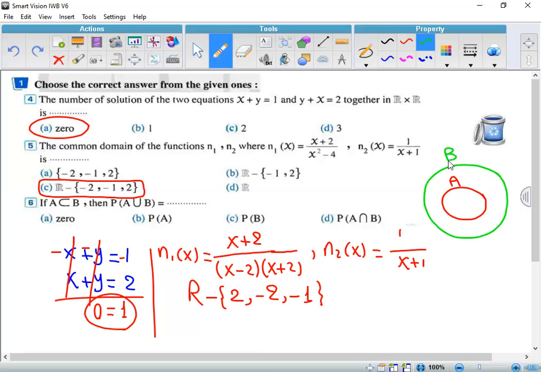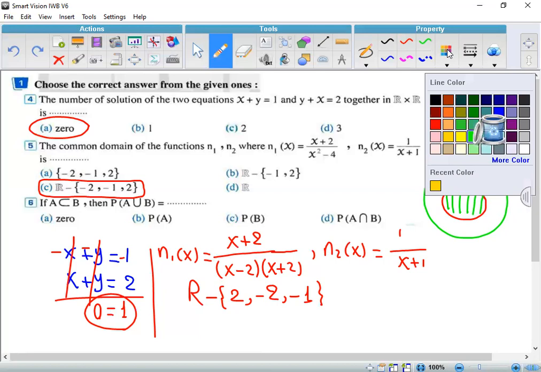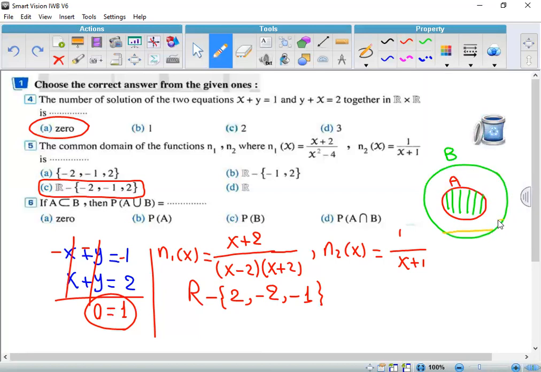When we find the intersection of the two, it will give me A. If we want to find the union of the two sets, it will give me B. The intersection gives me the small set.